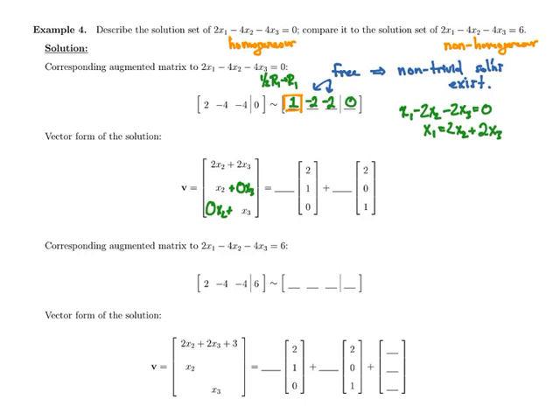That gives us two vectors here. We have x2 and x3. x2 is times the vector 2, 1, 0. The 2, 1, 0 come from the 2, 1, and 0 in front of the x2s. And the 2, 0, 1 comes from the 2, 0, and 1 in front of the x3s.